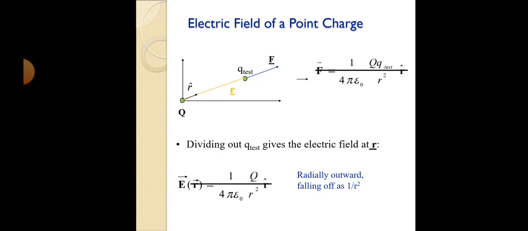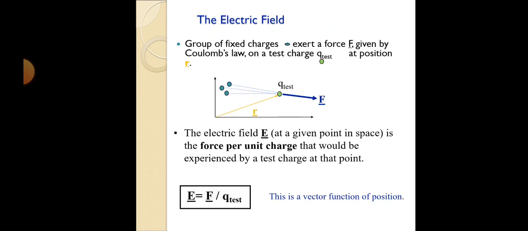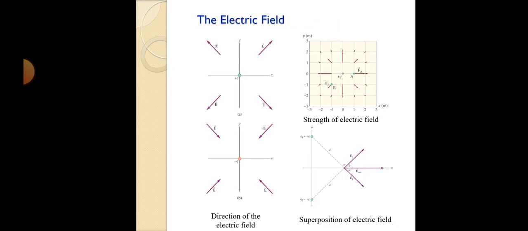Here also the electric field direction is the same as the force direction, that is radially outward, falling off as 1 by r square. So we can define the electric field E as the force per unit charge that would be experienced by a test charge at that point. E vector is equal to F vector divided by q test. This is a vector function of position.